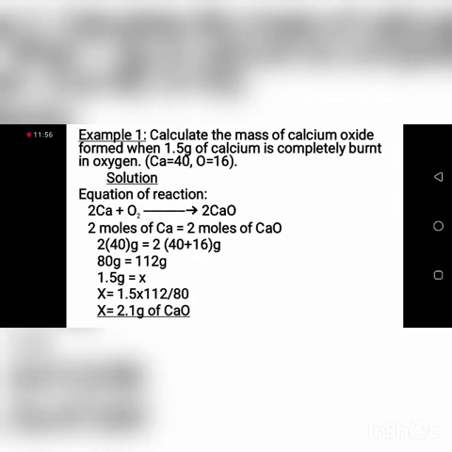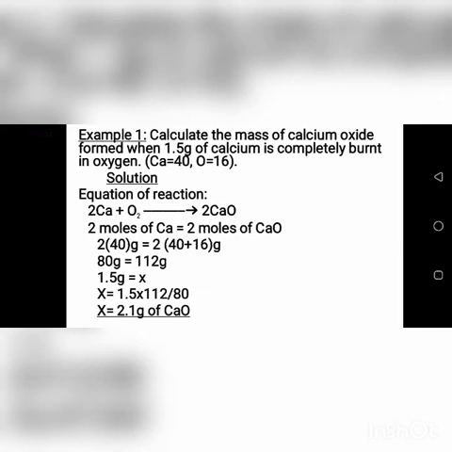Because I'm calculating mass to mass, the question said mass of calcium oxide formed, and you are given 1.5 grams of calcium. So I'm going to express the mole in terms of molar mass. I'll convert 2 moles of calcium and 2 moles of calcium oxide to their molar mass. The molar mass number of calcium is 40, so 2 times 40 is 80 grams.